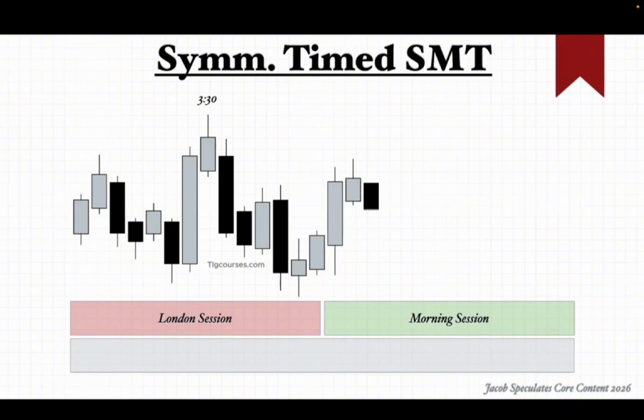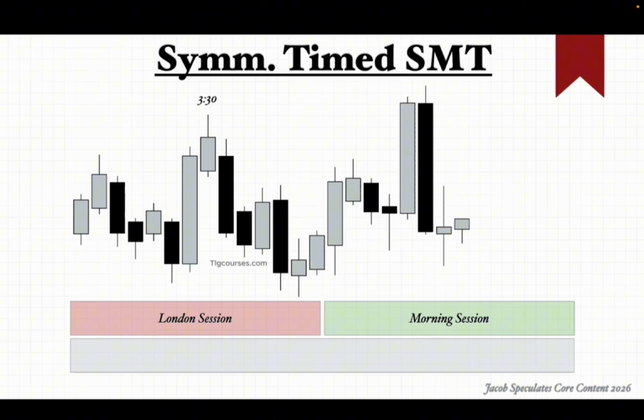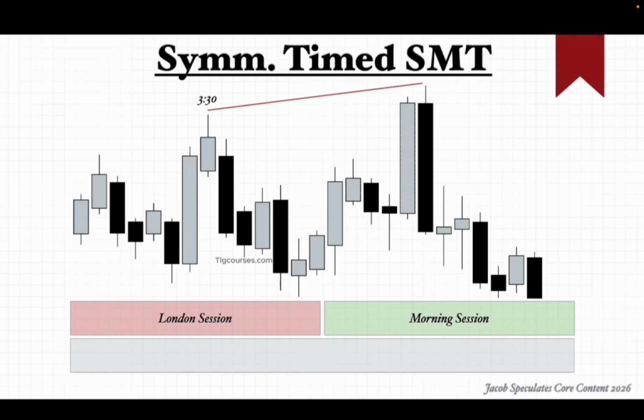Now, if we come into the morning session, and the morning session plays out, and we see there is a sequential SMT between the London session and the morning session with the London session's high, this would be a symmetrically timed sequential SMT, which would be very high probability. These are the SMTs that kick off the clean price runs.